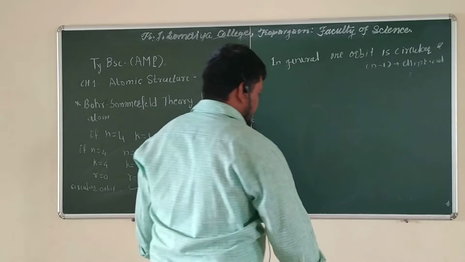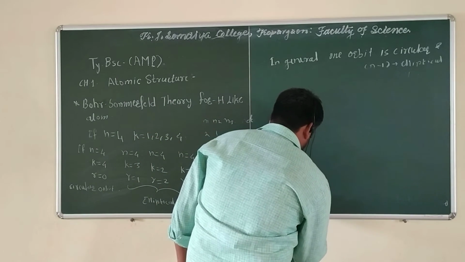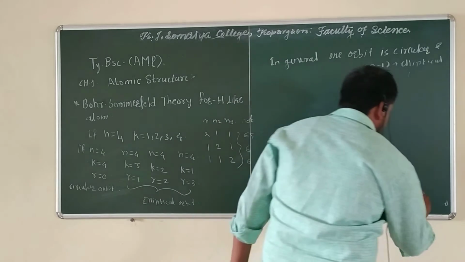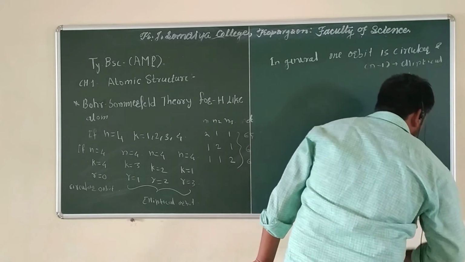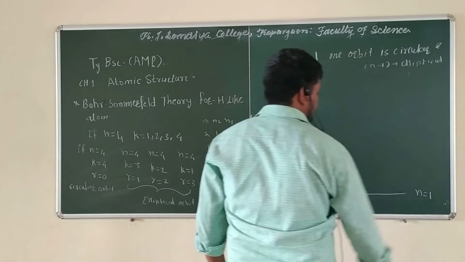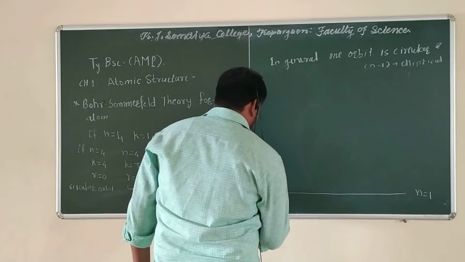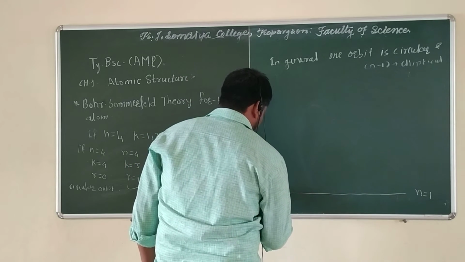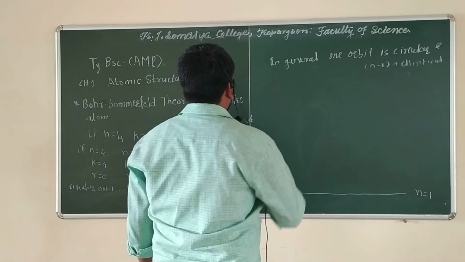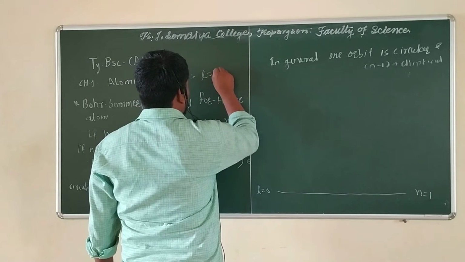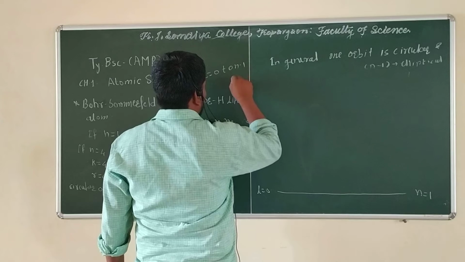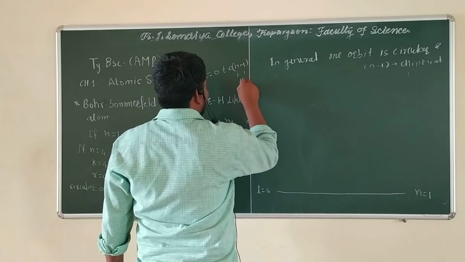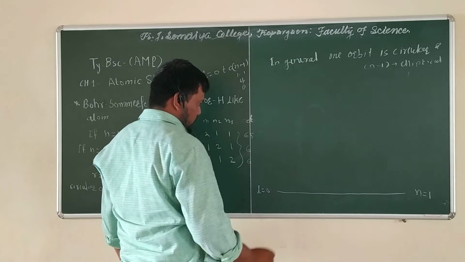suppose we consider the ground state, the inner energy state. Suppose for n is equal to 1, we have the orbital angular momentum L, which gives the value 0, because the main condition is that L is given as 0 to n minus 1, and if n is equal to 1, then 1 minus 1 gives 0, so L is equal to 0.